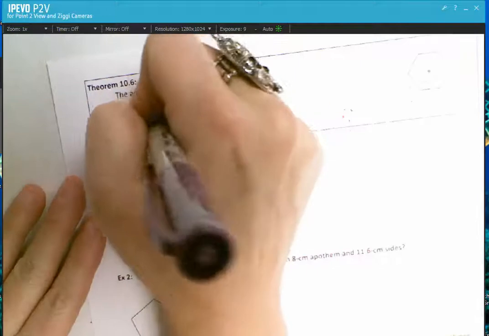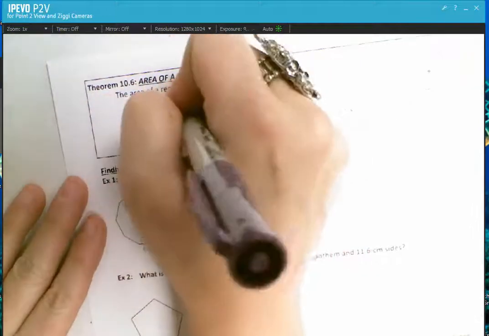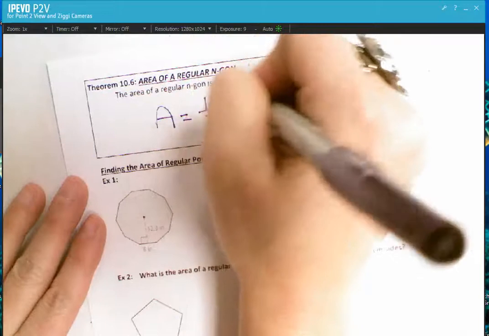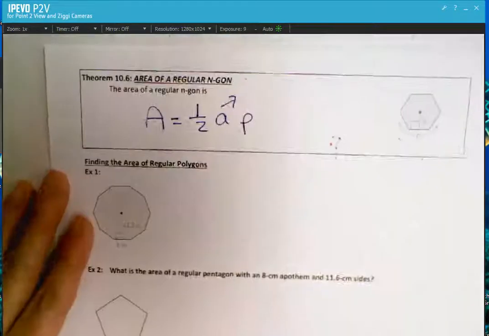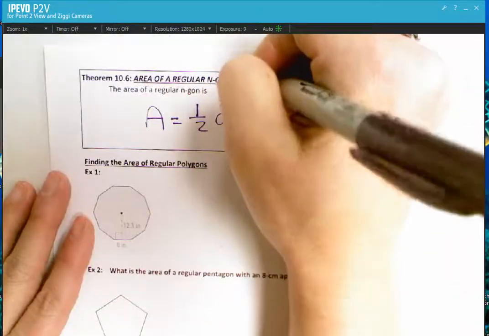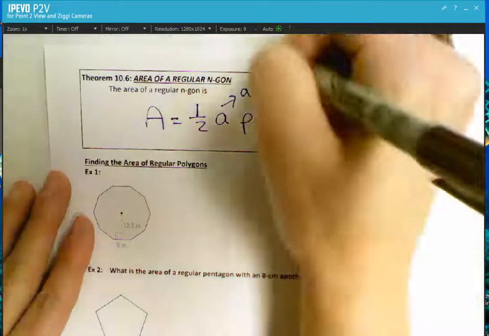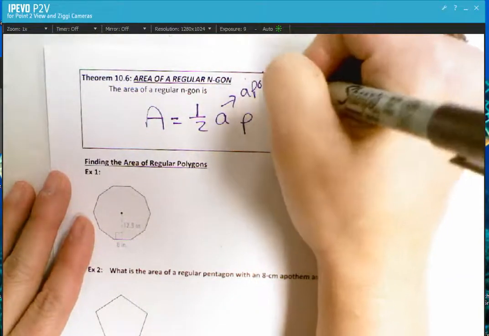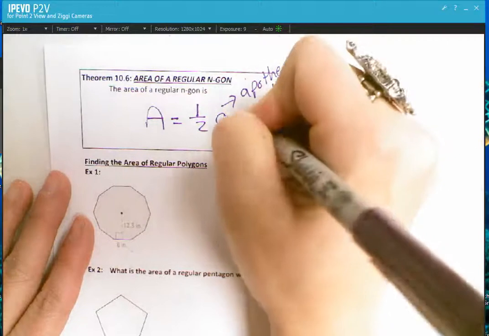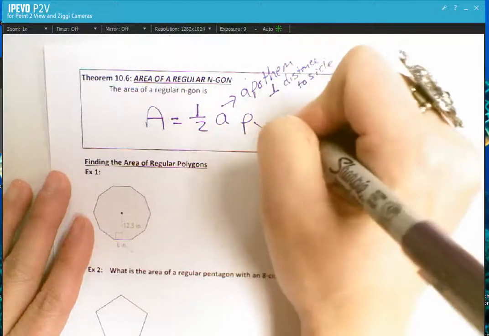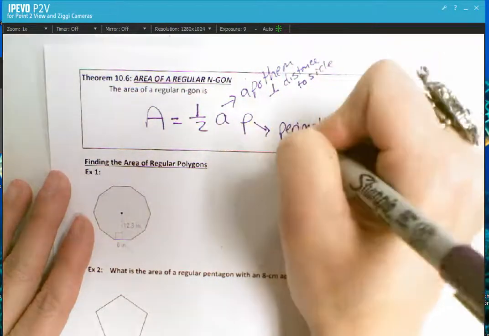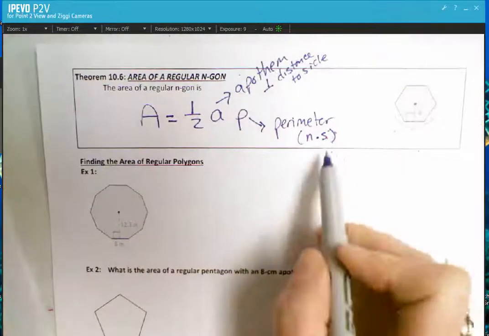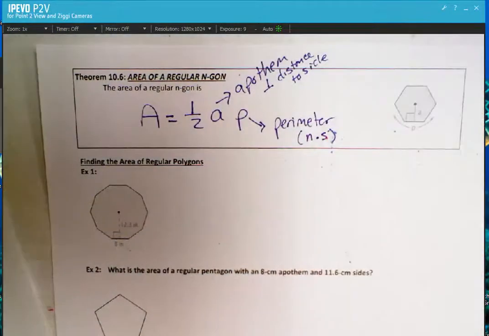We've just derived that the area of a regular polygon is equal to 1/2 ap, where a is my apothem, the perpendicular distance to the side, and p is the perimeter, the number of sides times the side length, n times s.